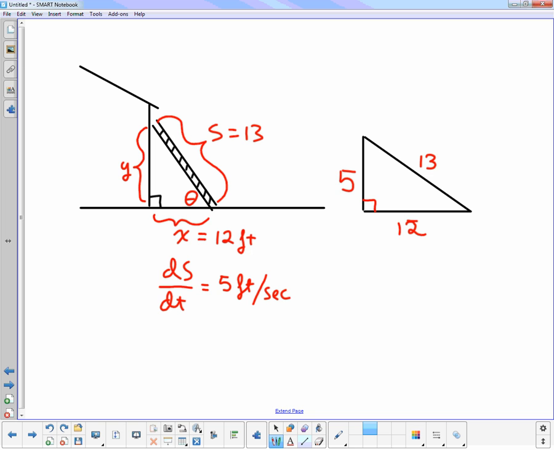No, 60, 30, 90 has a ratio of 1, 2, square root of 3. That's not it. That's just a Pythagorean triple.